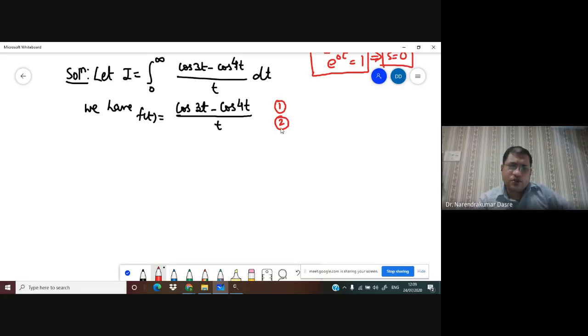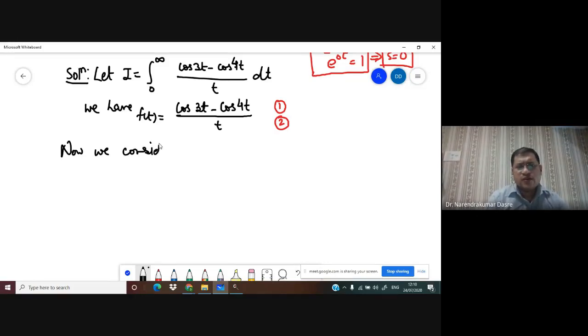So we have solved the problem using the property division by t. What we do is we first find the Laplace transform of the numerator and then use the property division by t, that means the integral from s to infinity of f bar of s ds. And the important thing that I have told you: do not separate the terms in the numerator. So numerator terms will be as they are.